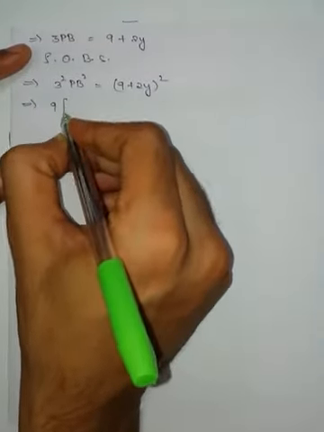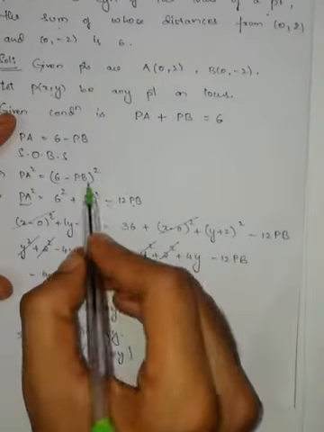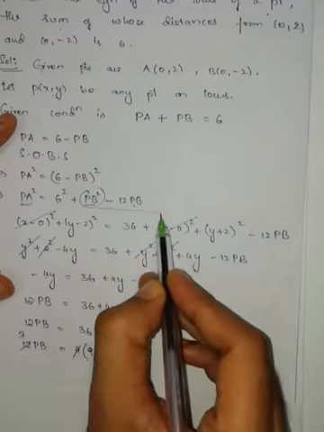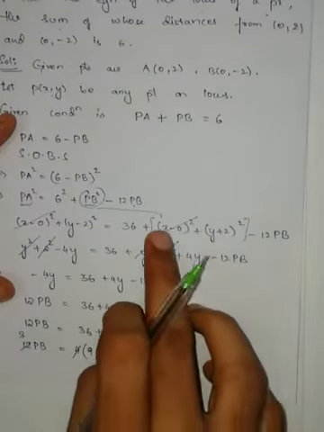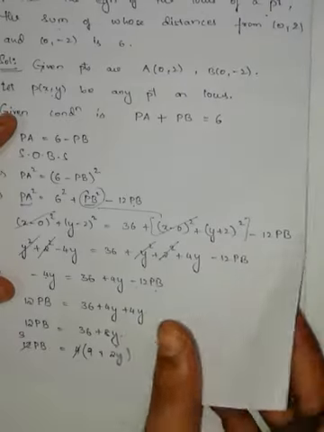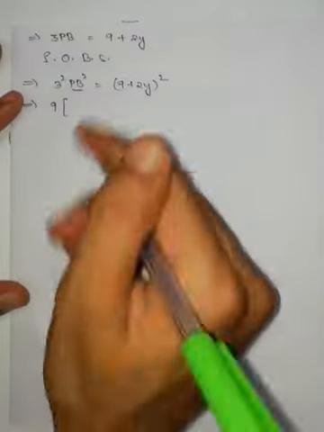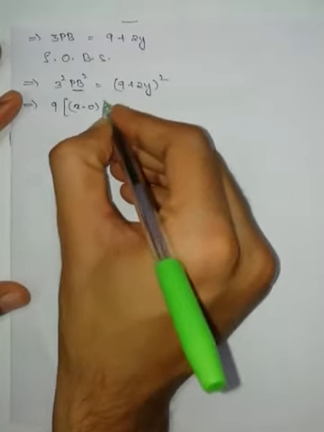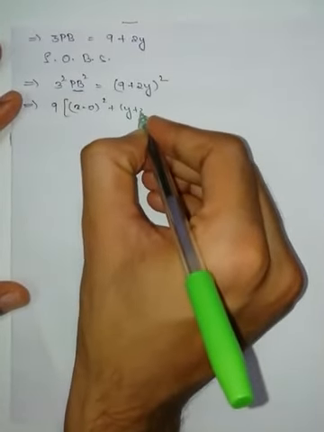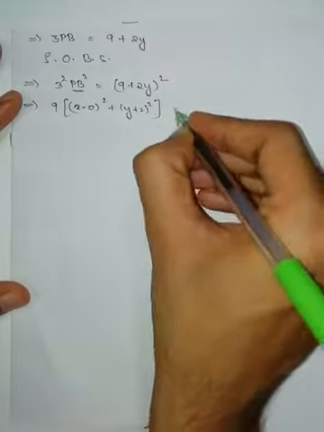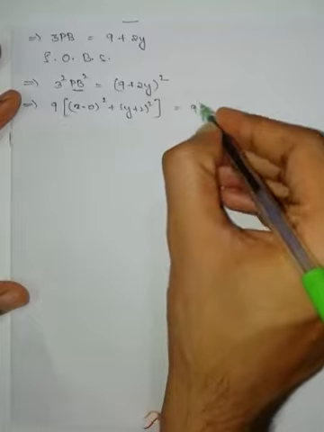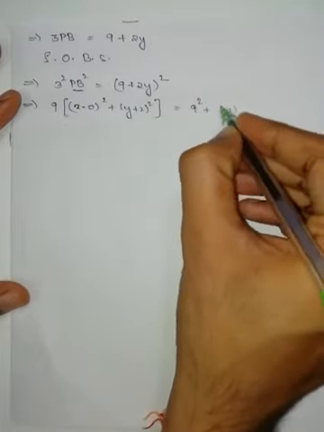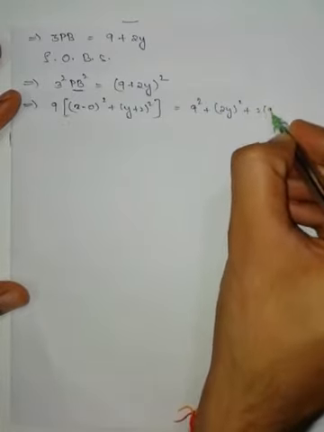Implies 9 into PB square. Already here I took PB square as this one. So again I am writing the same thing, (x minus 0) whole square plus (y plus 2) whole square. On the right hand side, it is in the form of (a plus b) whole square, 9 square plus (2y) whole square plus 2 into 9 into 2y.